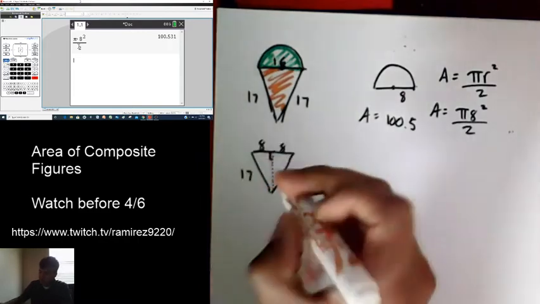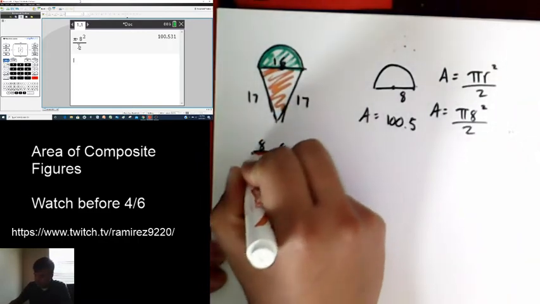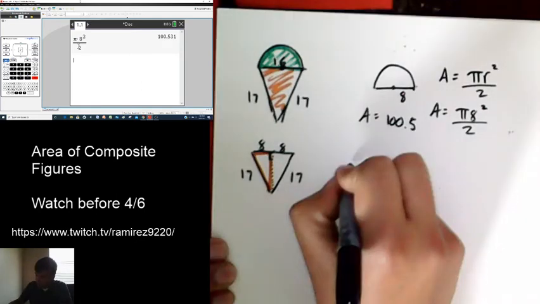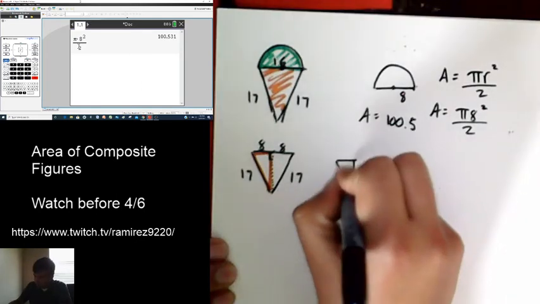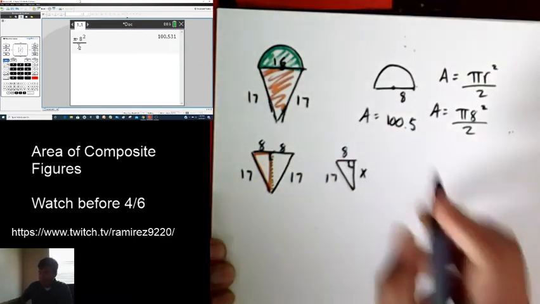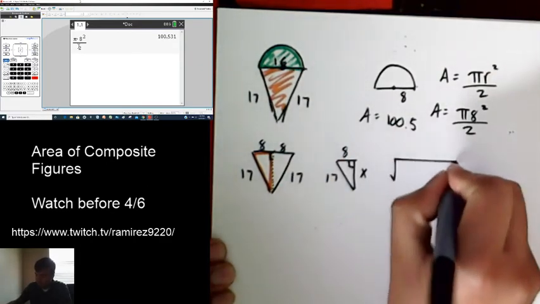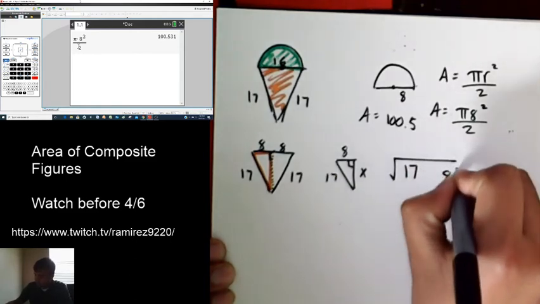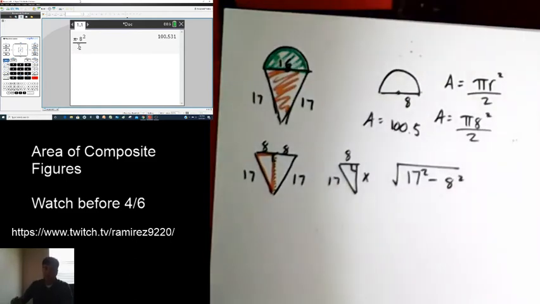Just focus on one of these triangles. It's a right triangle. This is 8, this is 17. To find your height, Pythagorean theorem. I know my c, so I must subtract.